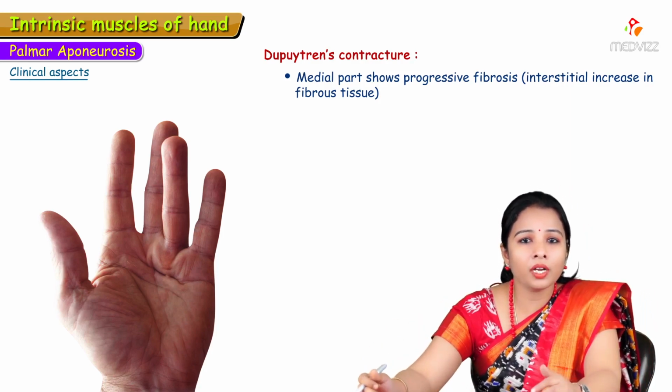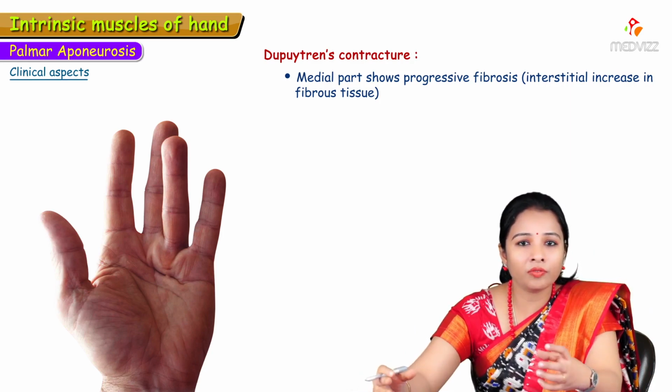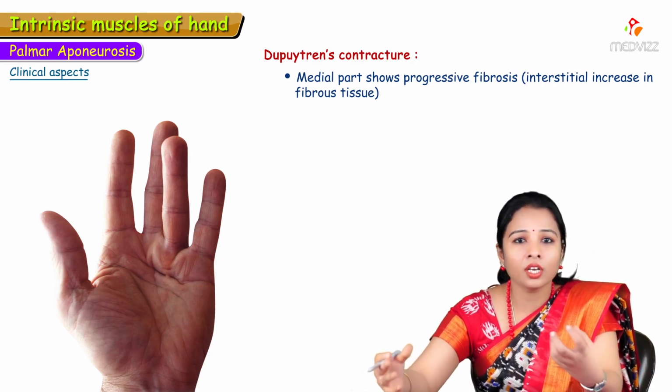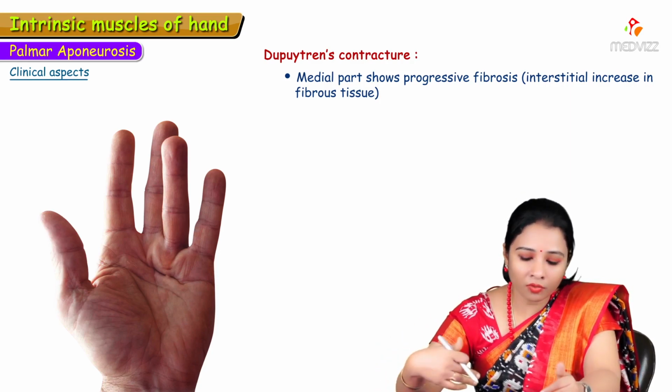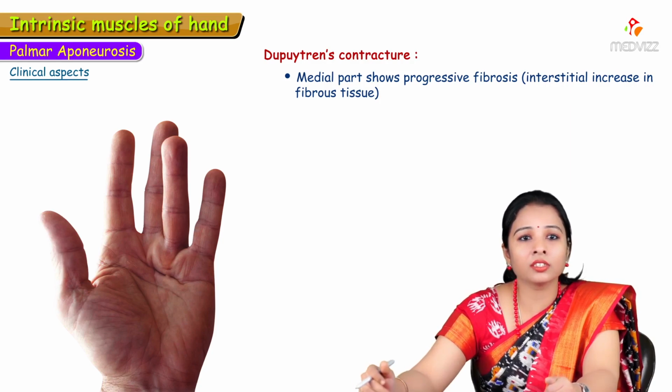In the medial part of the palmar aponeurosis, you will mainly find this progressive fibrosis, meaning the fibrous part of the palmar aponeurosis will increase.